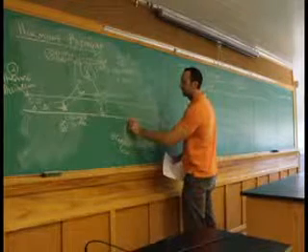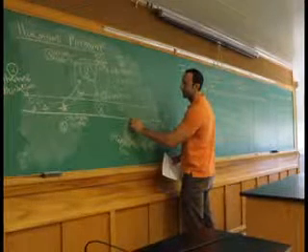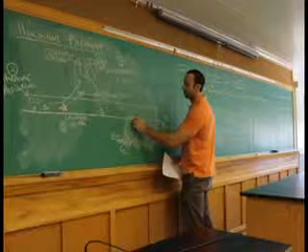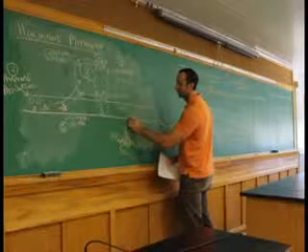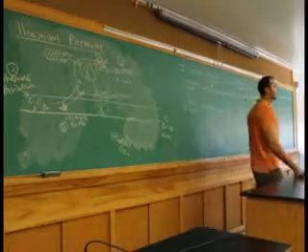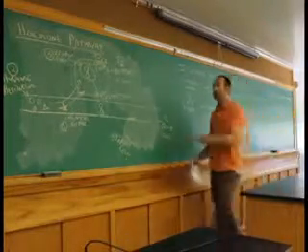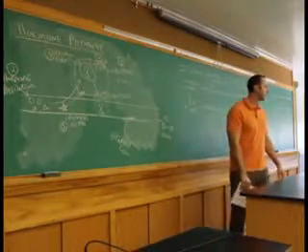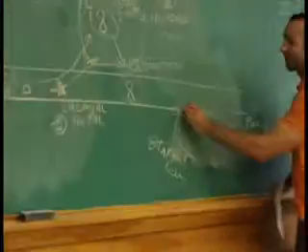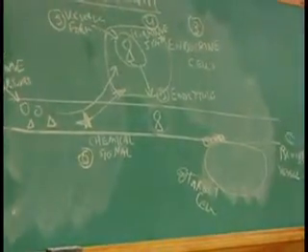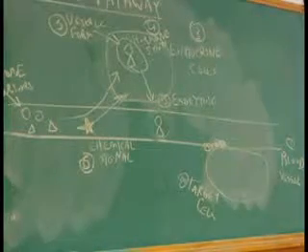Step 9 is that it's got a receptor here, and that receptor corresponds to the shape of the hormone, such that the hormone can actually bind to that target cell and affect the metabolic process.